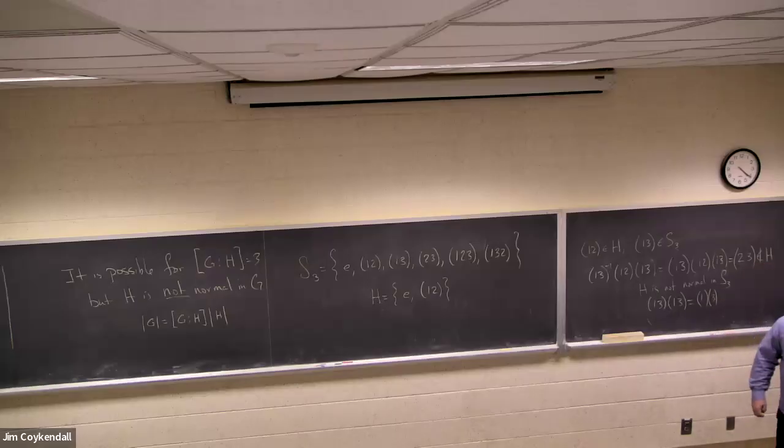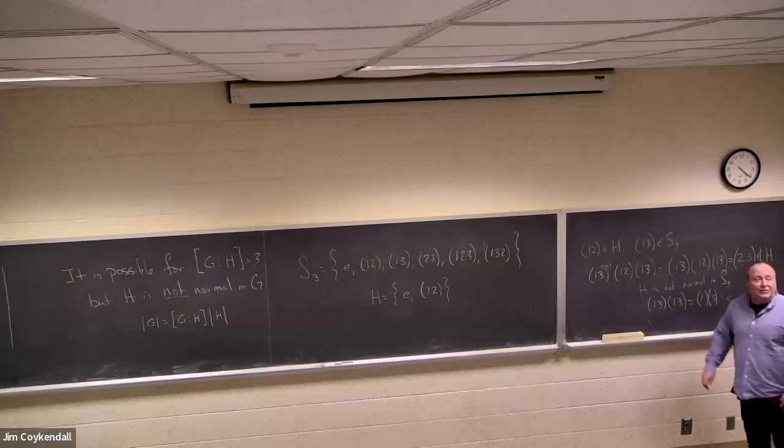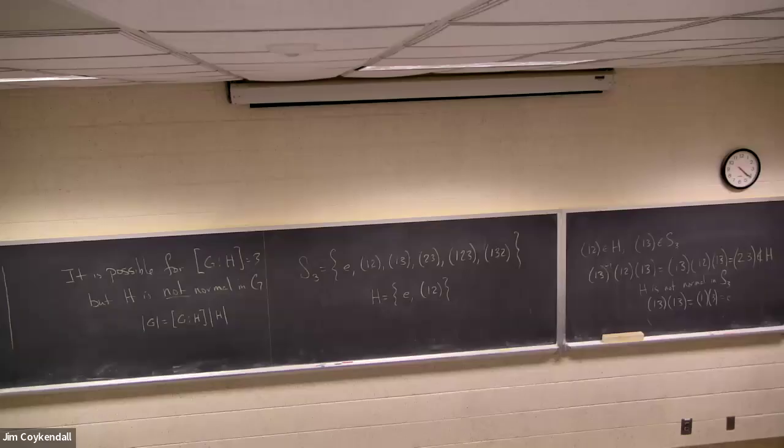Why does that show that the inverse is just itself? Because what this does is the identity. At the end of the day, 1 goes to 1, 3 goes to 3, everything else goes to itself. That means (1 3) is its own inverse. And think about what (1 3) is. That's actually a transposition in the language that we talked about today. What you're doing is taking 2 objects and swapping. If you swap 2 things and then you swap the same 2 things back, you're back to where you started. Does that make sense?